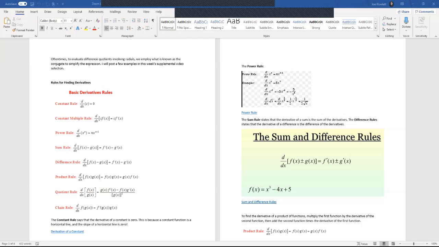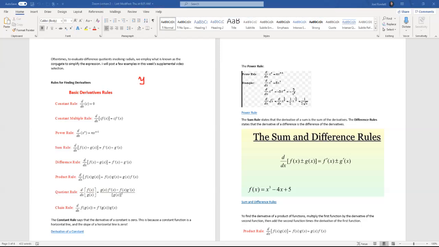So let's go and look at a quotient here. Suppose I have a fraction and the numerator is x squared plus x. And we will make the denominator 3x squared.